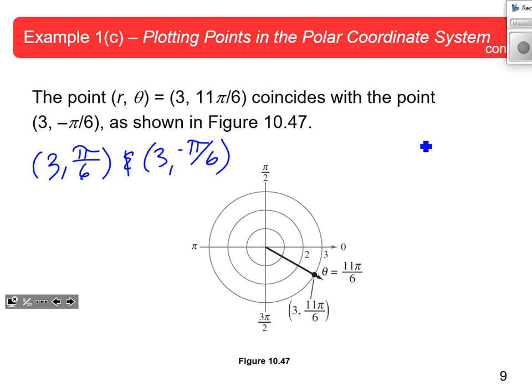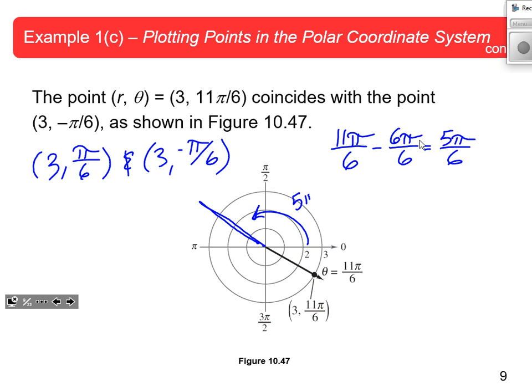Now, the 180 degrees, if we're talking about this angle, well, if I subtract pi from it, or 11 pi over 6 minus pi, pi would be 6 pi over 6, because that's 180 degrees, would be 5 pi over 6.